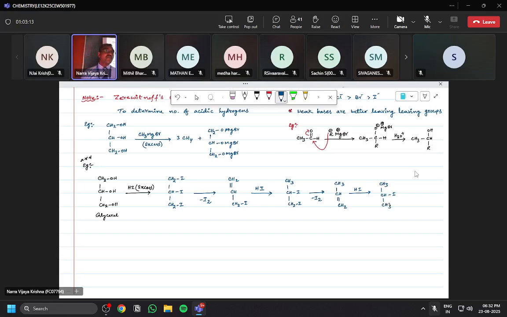What we generally expect, alcohols with hydrogen halides, we expect alkyl halides. If they have 3 OH groups, we expect 3 iodines. But what is the product? Isopropyl iodide, that too on the middle carbon.